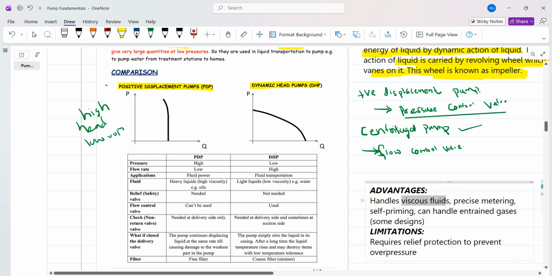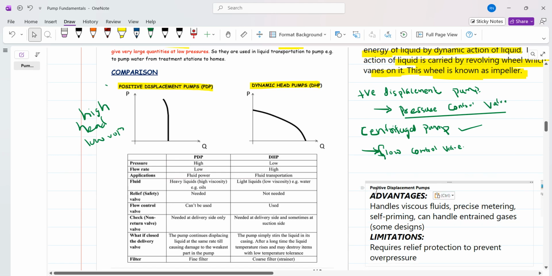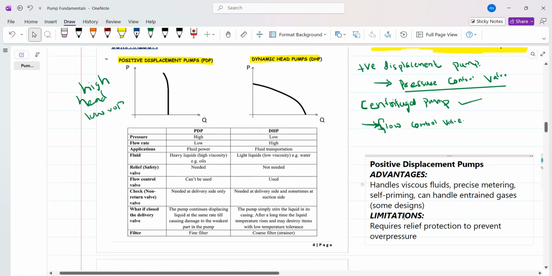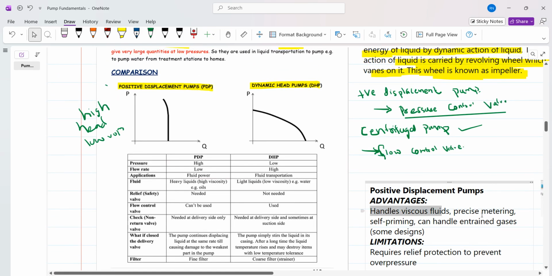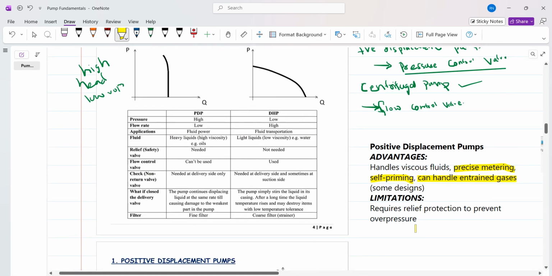It handles viscous fluid. So we are talking about the positive displacement pumps right now. It handles the highly viscous fluids, precise metering, self priming, can handle entrained gases. Some design limitations are it requires relief protection to prevent overpressure, right?